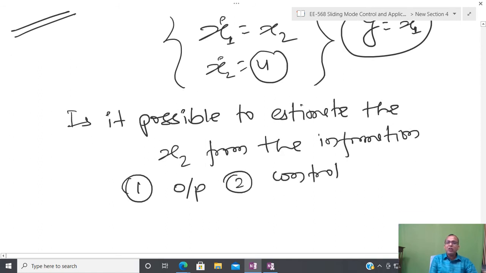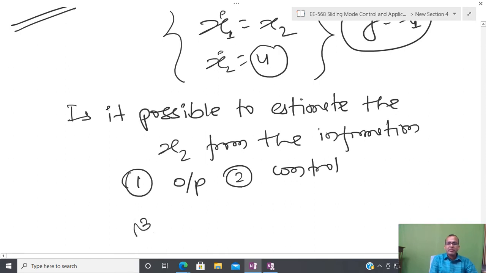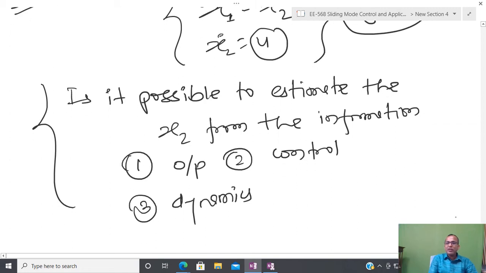Third, I also know the dynamics. Now I am going to search for the solution of this particular problem, that is, is it possible to estimate x2 from the given information, and I have just three different pieces of information. This is somehow a physical problem.